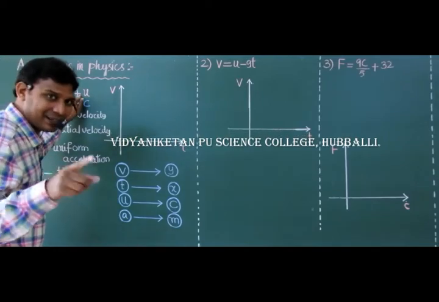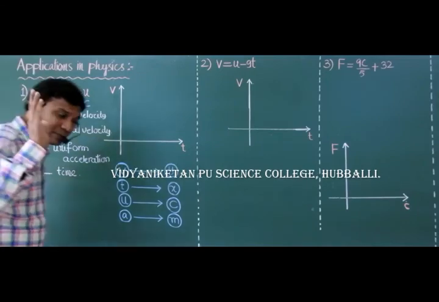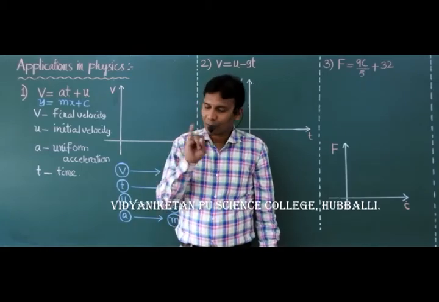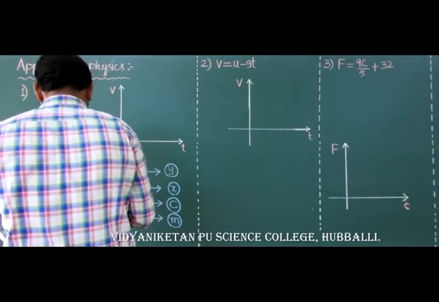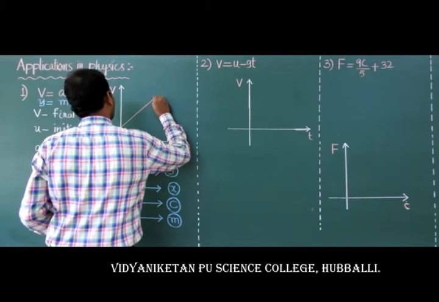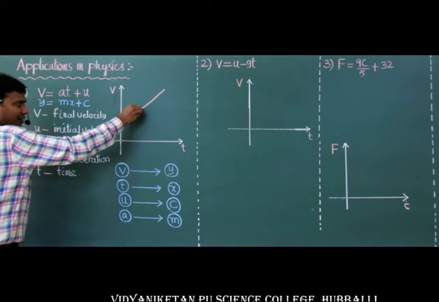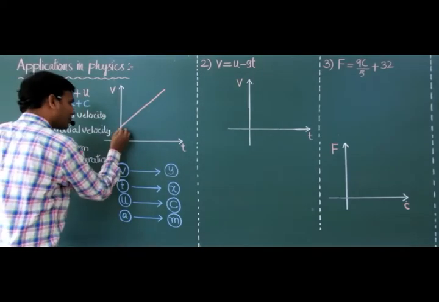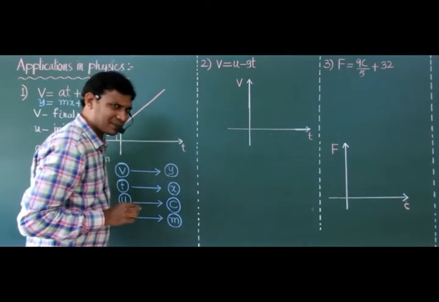Then next, intercept is positive, m that is a, the slope, is also positive. Just now we discussed case 1. Slope is positive, intercept is positive, right? Then what is the graph? It is a straight line. Is it passing through the origin? No, it is not passing through the origin. What is this? In mathematics, it is known as intercept.